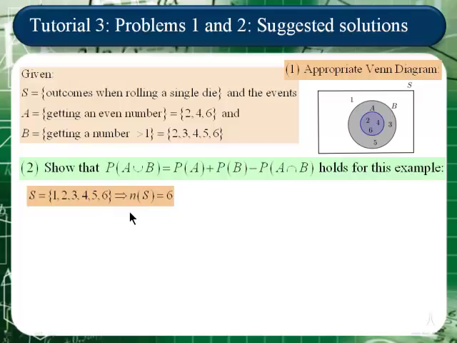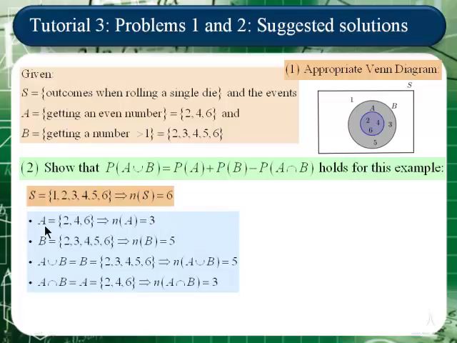So we start off in a very much the same way. We write down the cardinal numbers for the four events in this relationship as well as for the sample space. So the set A has a cardinal number of 3, the set B a cardinal number of 5.